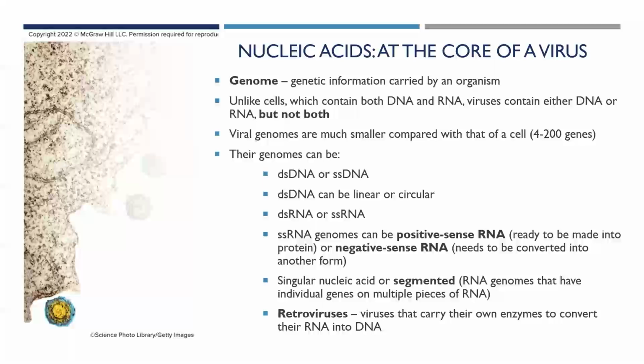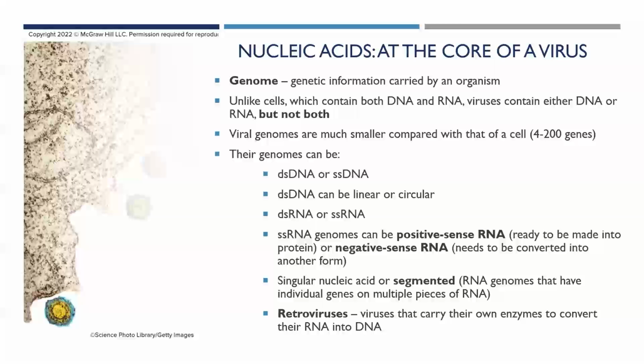Single-stranded RNA genomes can be positive sense, in that they're ready immediately when they get into the host to be made into protein, or negative sense, where they need to be converted and processed more fully. Singular nucleic acids or segmented ones are also options.